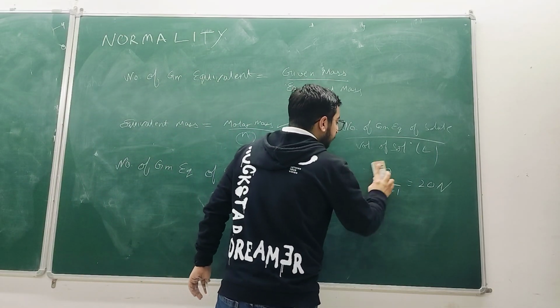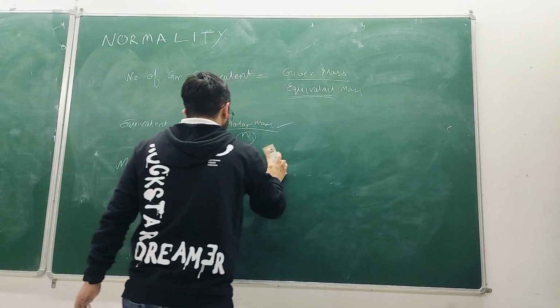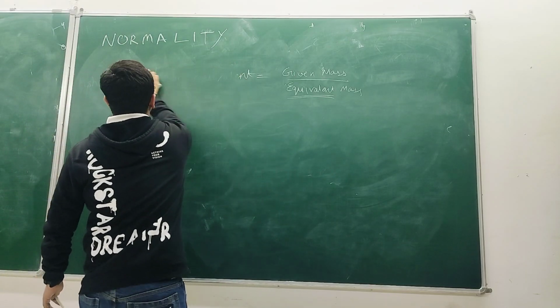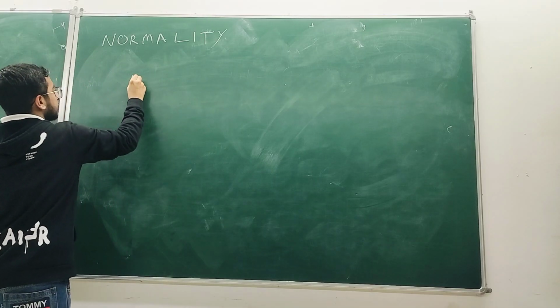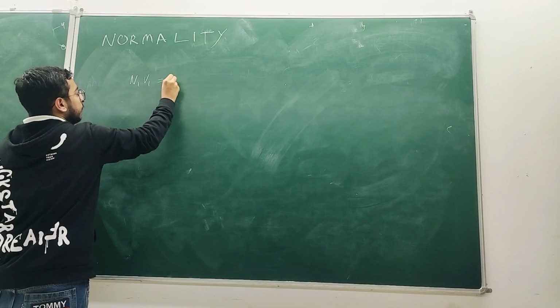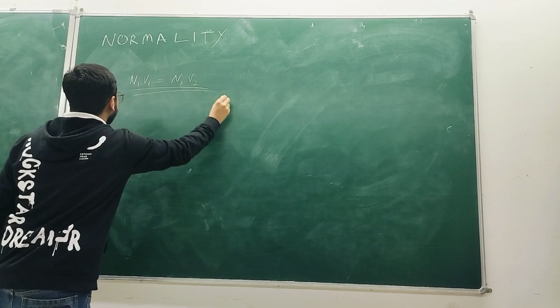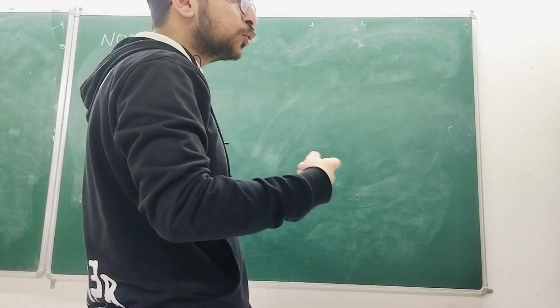You can prepare a solution of any normality of any solute. Here is the dilution law in normality, which is N1V1 equals N2V2. What are N1V1 and N2V2? Let's say you are provided with a stock solution.